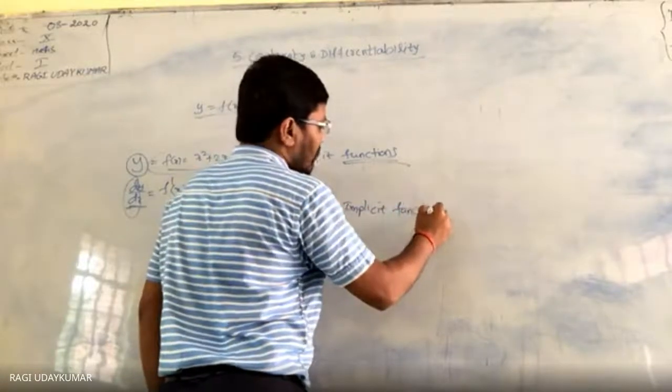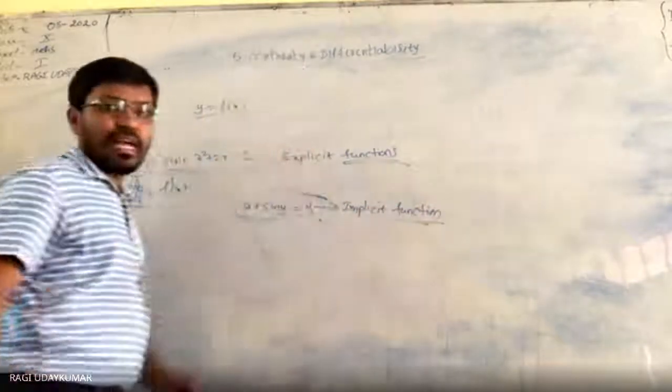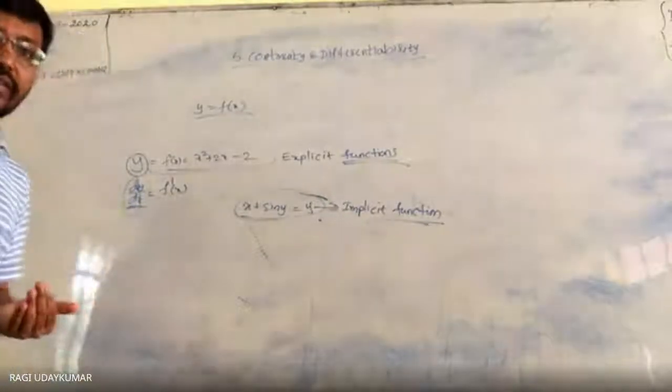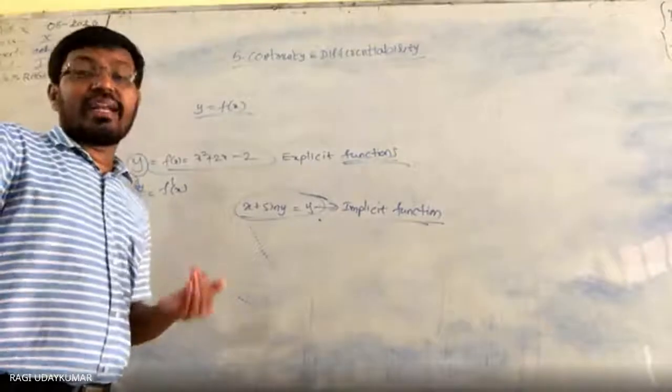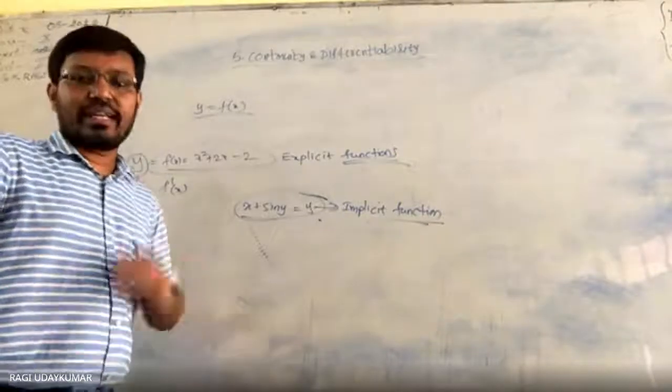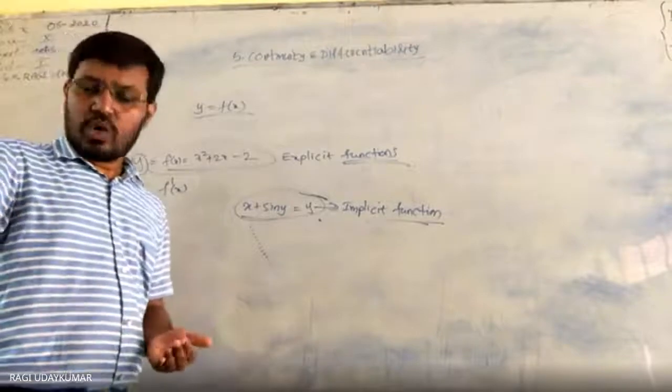And how do we solve implicit functions? To find the derivative of implicit functions, we will use the derivatives of inverse trigonometric functions, so we will derive them.